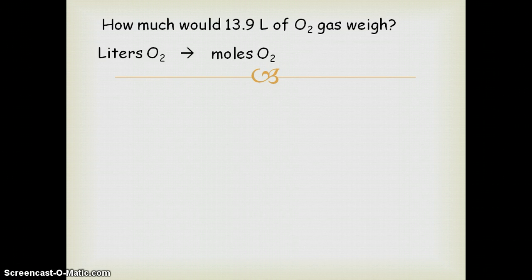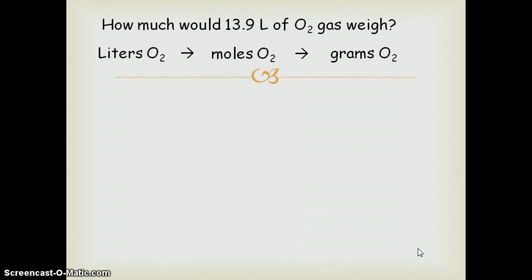Then we take the moles and convert that to what we want to have. So over here, what we have, liters of oxygen gas, moles is our intermediate step, and then grams is what we want. So what we have on the left, what we want on the right, and moles in the middle.